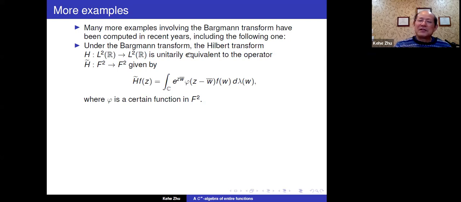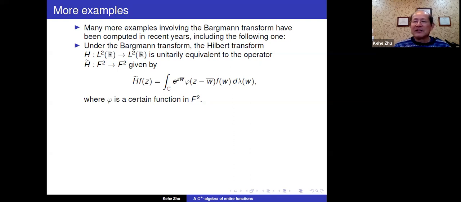Now if I use the Bargmann transform to take the Hilbert transform to the Fock space, after a lot of calculations this time, since the computation with the Fourier transform is relatively easy but the computation with the Hilbert transform takes a lot of work, I realized the Hilbert transform is equivalent, as an operator, to an integral operator on the Fock space, where the integral kernel is the original reproducing kernel for the Fock space together with a certain additional piece, phi of z minus w bar, where phi is a particular function I can compute.